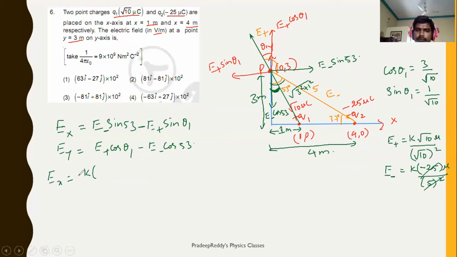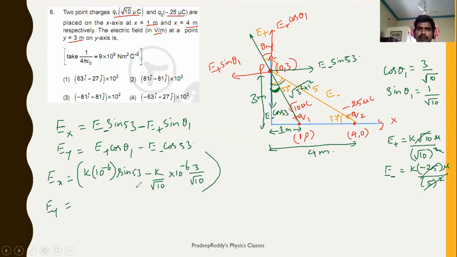So it is K into 10 power minus 6 into sine 53 minus E plus, it is K root 10 in the numerator and root 10 here gets cancelled. It is K divided by root 10 into 10 power minus 6 into sine theta 1, that can be 3 root 10. This is along x-axis.